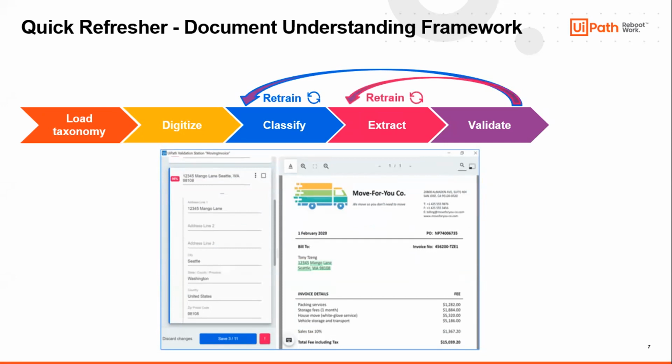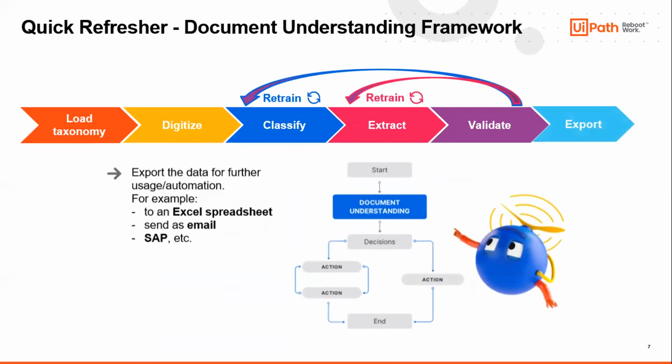And the good thing is, based on this validation, we can retrain these models if you are using machine learning, for instance. And finally, the last part is where you export this data into an Excel sheet so that you can now use that data to update your other systems.